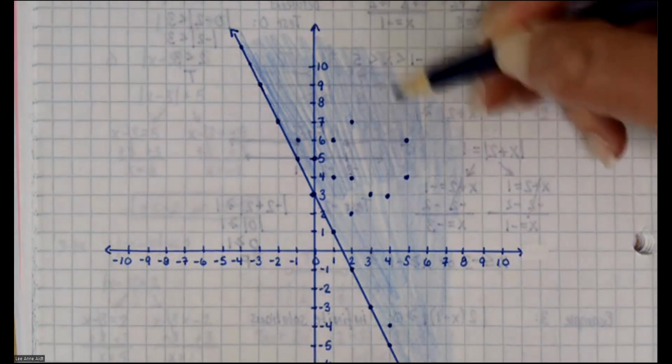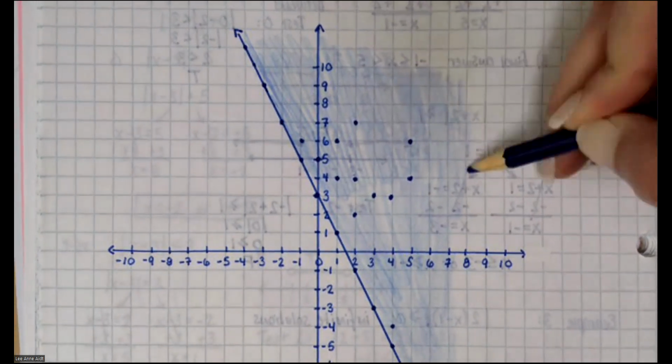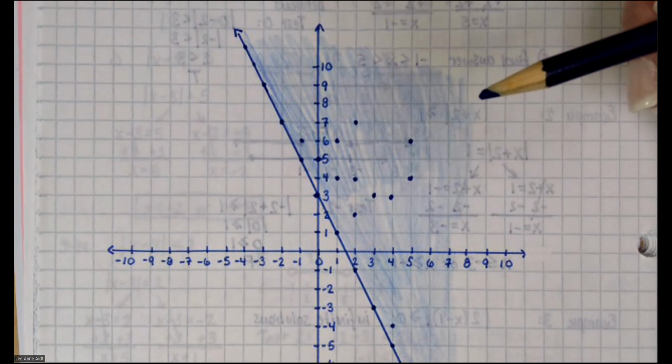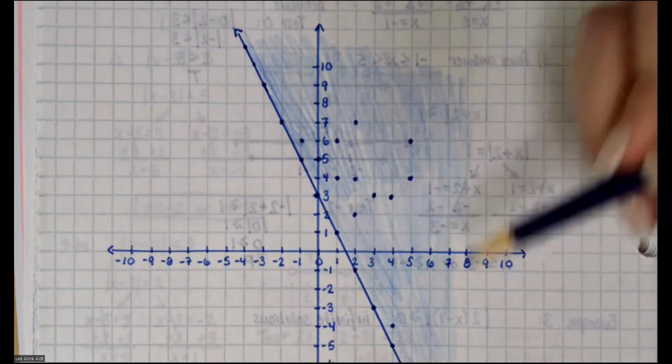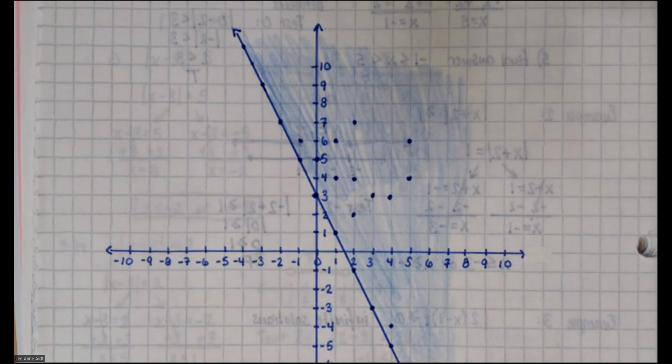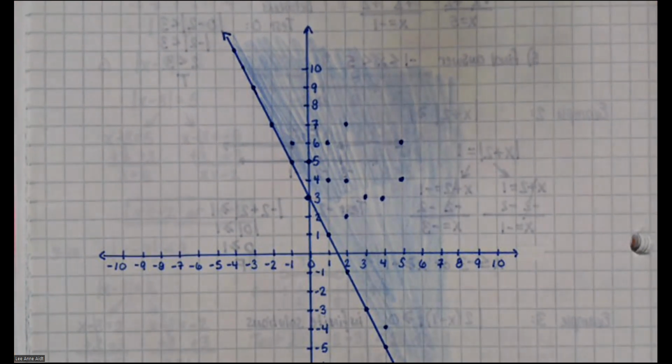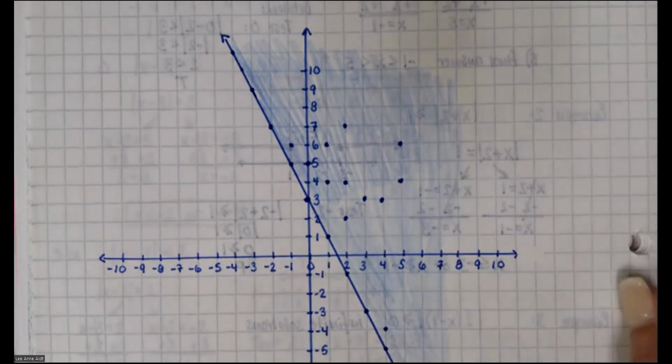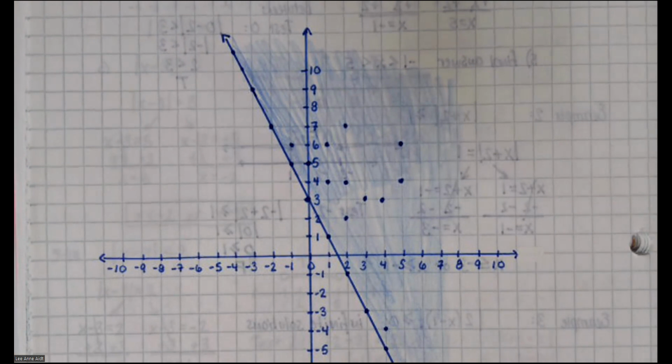But we have a lot of evidence in this problem to show us which side was true and which side was false. A lot of points. You guys really only need to do one. And most of the time, I'm going to choose 0, 0 because it's the easiest one to plug in. Okay, once you guys get your shading done, then we're moving on to number 41.